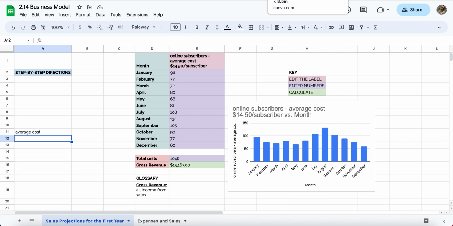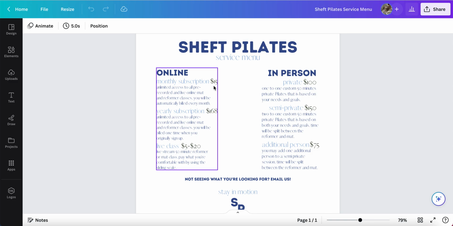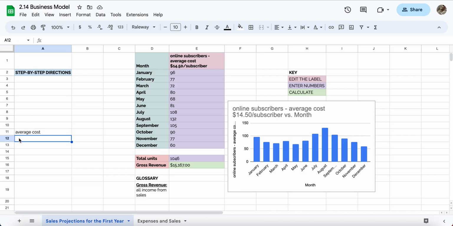But again, if you remember, Miss Sheft knows that 15 is one of her costs per month, and then she had to figure out how much the yearly subscription factored out to every single month, which was $14. So to find the average of those two numbers, I would do equal sign, parentheses, 15 plus 14, and then I need to divide by 2. That is how you find average, and it would be 14.50.